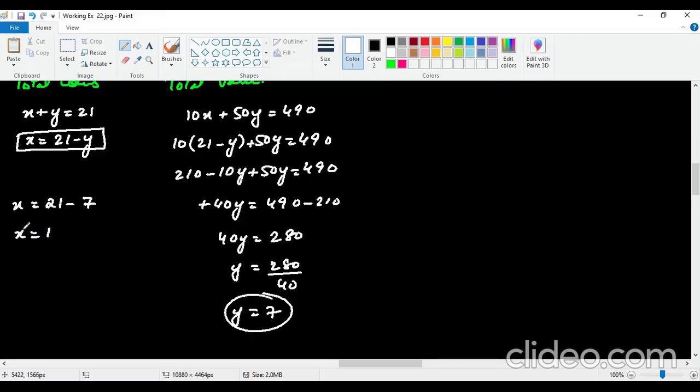In the answer you can write 14 10 cents coins and 7 50 cents coins. Moving on to the next question, which is question number 15.